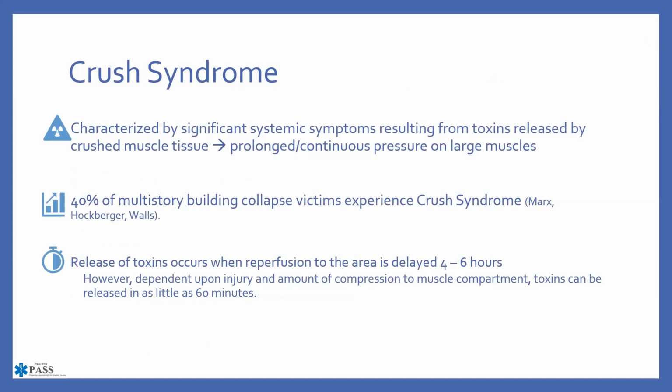Crush syndrome, as we talked, is a collection of symptoms. So it's significant systemic symptoms that result from a toxin released because they have had some sort of a crushing injury to the muscles. If we have pressure exerted onto the muscles for a long period of time, there are toxins inside of that, and they get released.